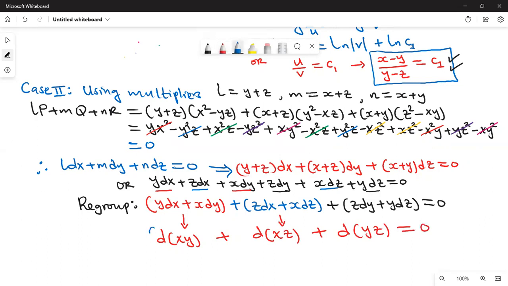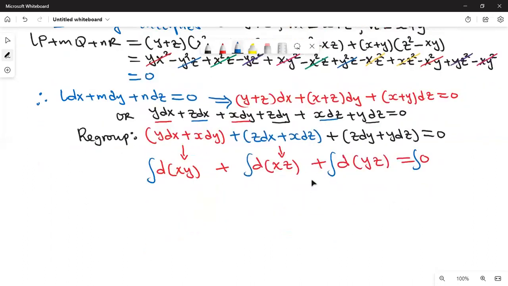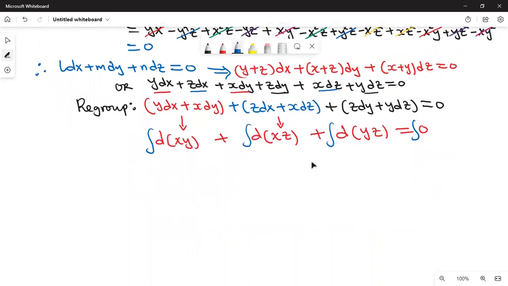So we now integrate directly. So remember, integral and derivative are inverses of each other. So they'll cancel, even here, even here. And when you integrate 0, you get a constant.